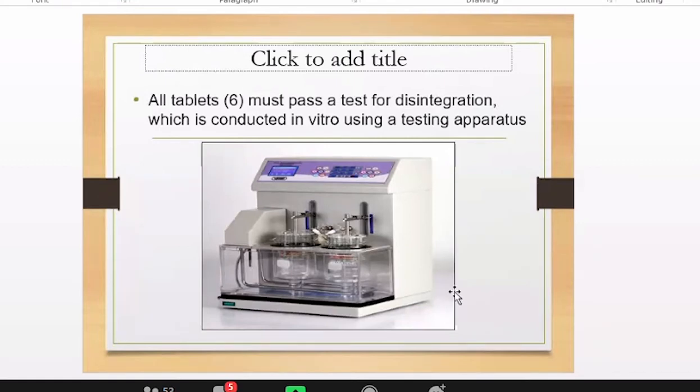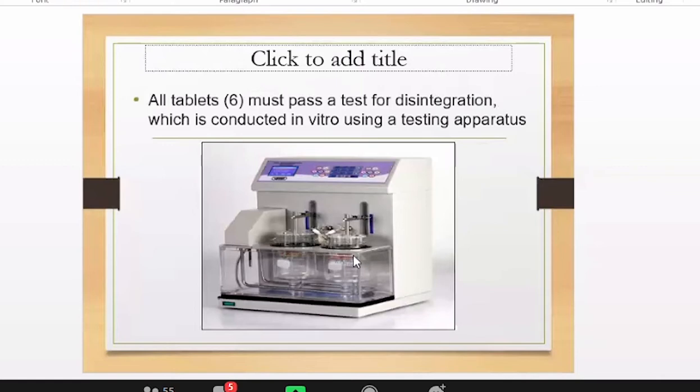In here, we use 6 tablets which are placed within these vessels that you can see in this figure. In these vessels, you are going to put disintegration medium or dissolution medium, which is representative of the environment where those tablets are expected to disintegrate.